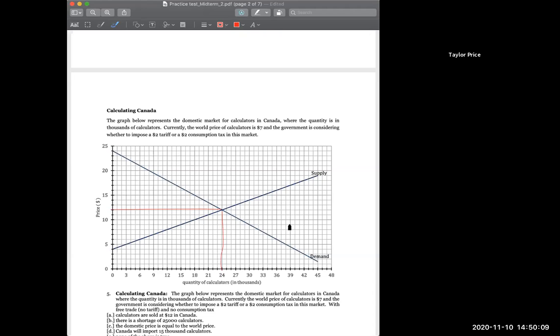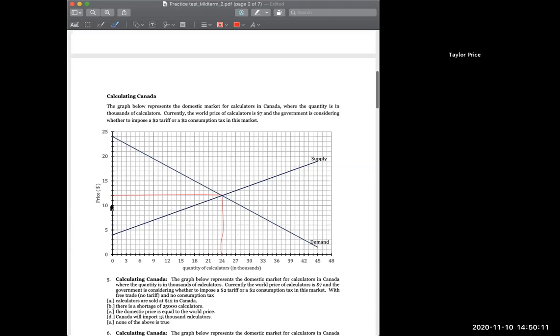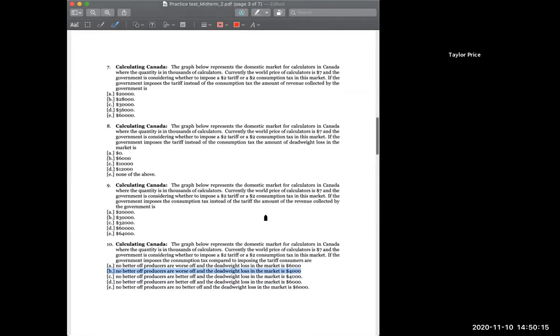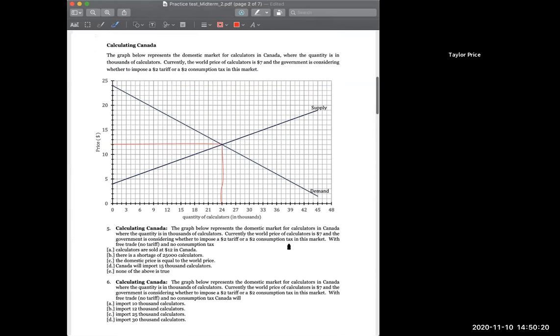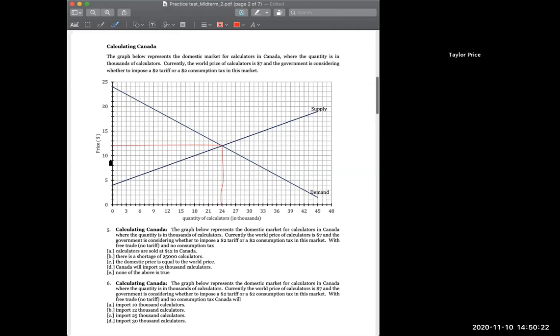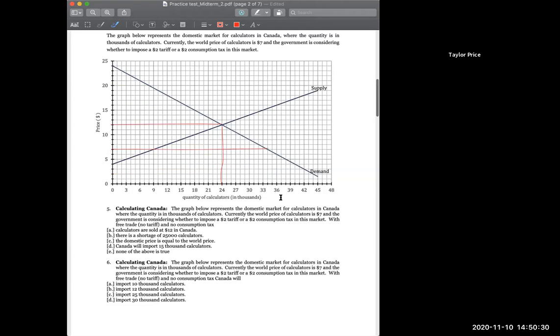Okay. So the initial price is going to be $12. So going back to the question, the world price is $7. So we know that, 5, 6, the world price is right here.